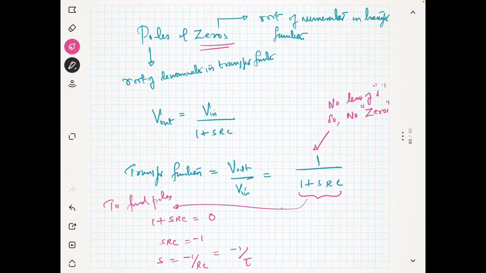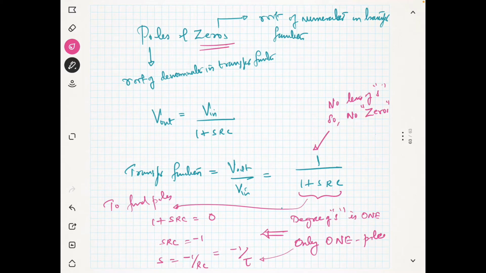How many poles are you getting? The degree of S is 1, so you have only one pole. That is why you get that one pole at S equal to minus 1 by RC.